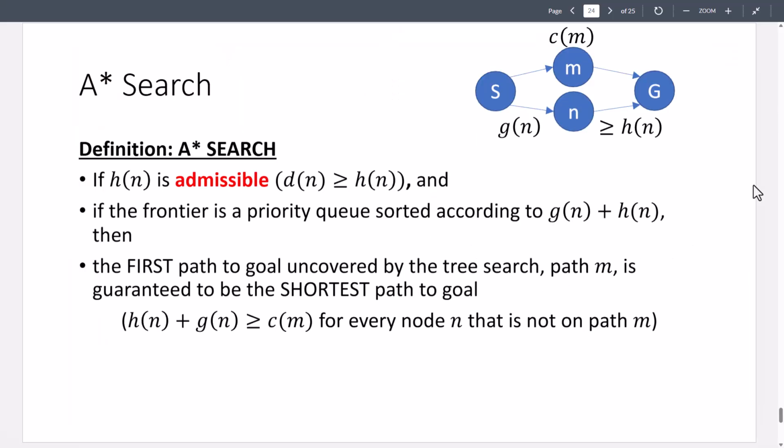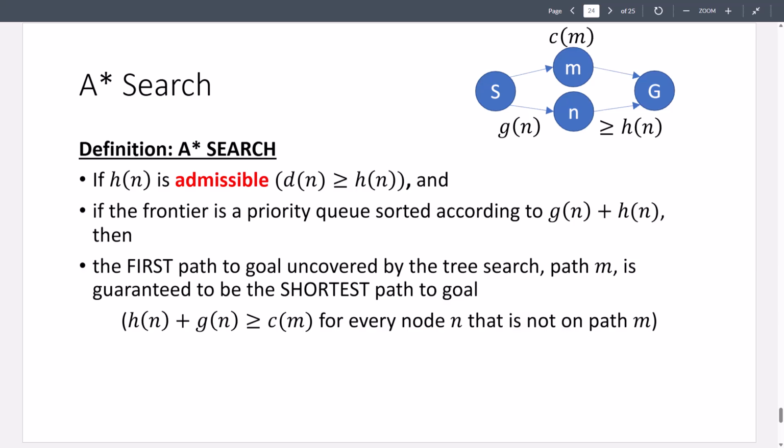So what are the properties of A star? Completeness. Tree search A star is complete if h of n is admissible. But graph search, where we keep track of the visited nodes, A star is complete if h of n is consistent. Remember these things. Tree search is complete if h of n is admissible.